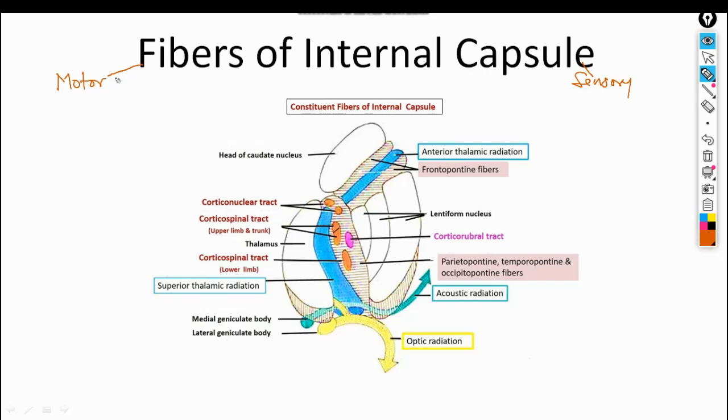The motor fibers are also known as descending or corticofugal fibers, whereas the sensory fibers are known as ascending or corticopetal fibers.